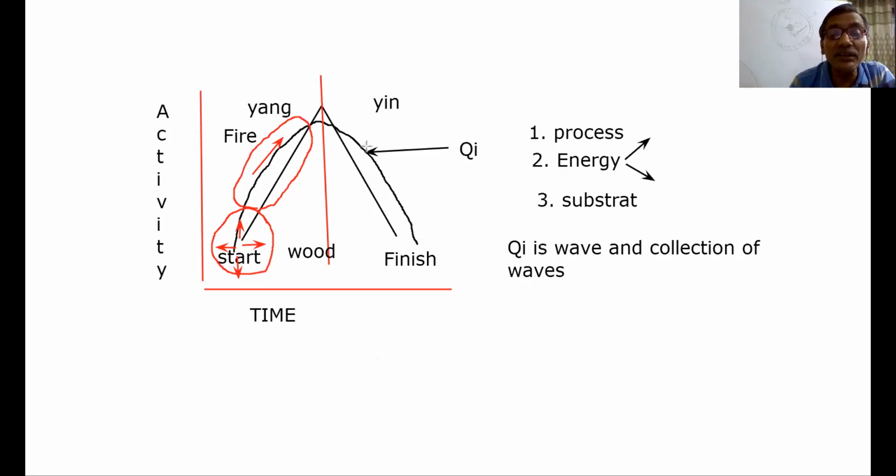Similarly, on the yin dominated side, they saw that there are two phases. One phase is that when it has reached that particular peak, after that the functions and the process start slowing down, but it does not want to slow down.